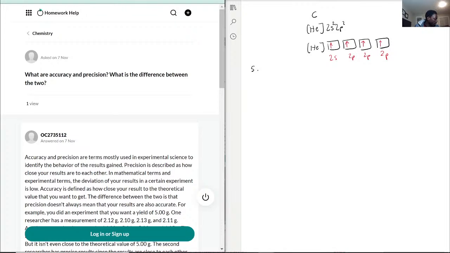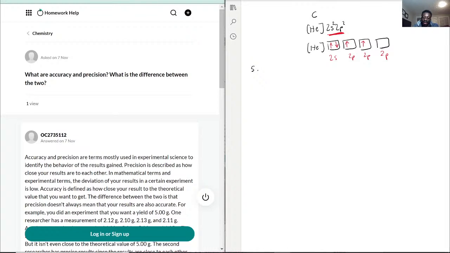Oh, I see. Okay. That makes sense. So the reason why it would actually be like that, it would be 2s2 2p2, and this is why it's very important to know your electron orbitals and everything, because even I can make mistakes too at this point.